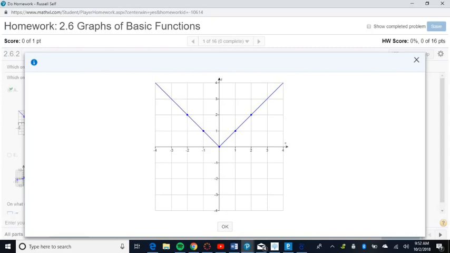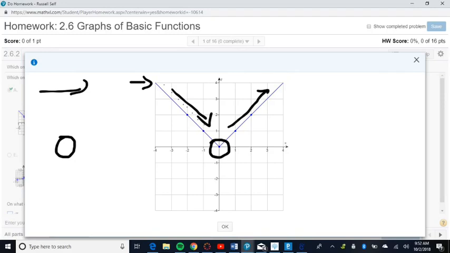Remember, increasing means you're walking along the function from this direction. If I hit the function here, I'm not increasing, I'm going downhill, so that's actually decreasing. I don't start increasing until I get right there, and that's when it starts to increase. At that point, right in the center, is where the graph equals 0. Then it increases forever. So it's going to go forever to the right, which indicates positive infinity.